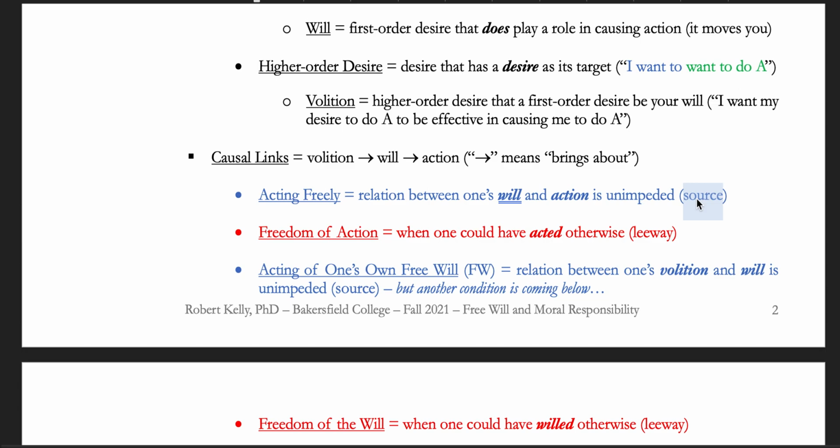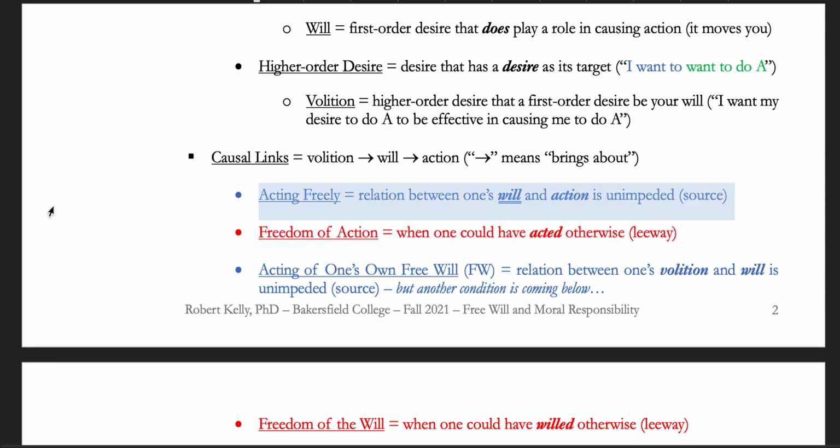This is why this is called source. The difference between source and leeway is about alternative possibilities. So this kind of freedom needs alternative possibilities. That's why it's red, because Frankfurt doesn't think we need this kind of freedom. It's a concept. So here he's like, this is what it means for your action to be free.